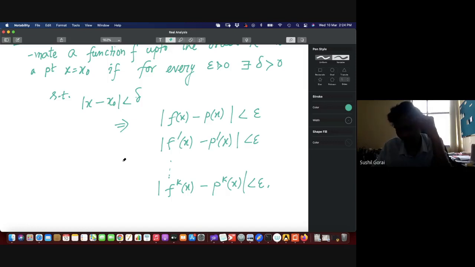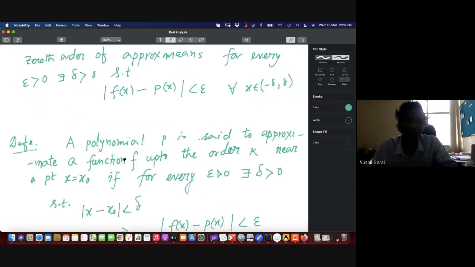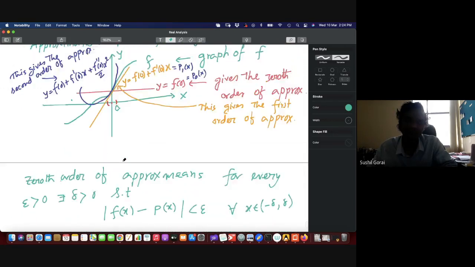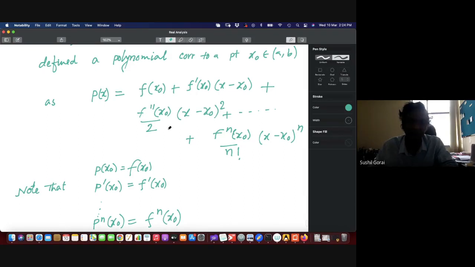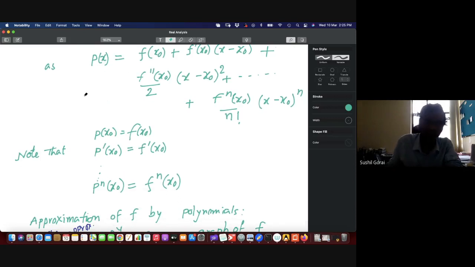So we are trying to approximate. You see here, it is very easy to see, right? So look at this one, x minus x naught. If you look at the derivative p prime x minus f prime x, p x minus f x is this one, right?